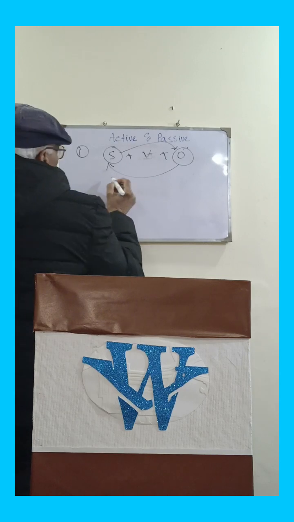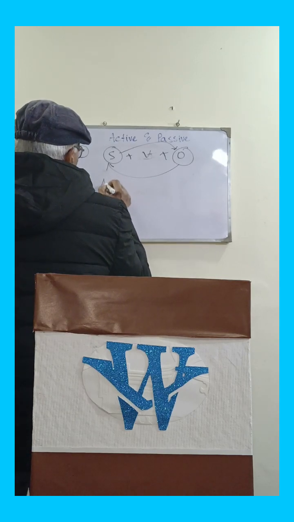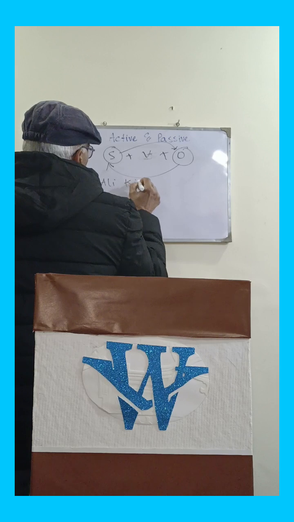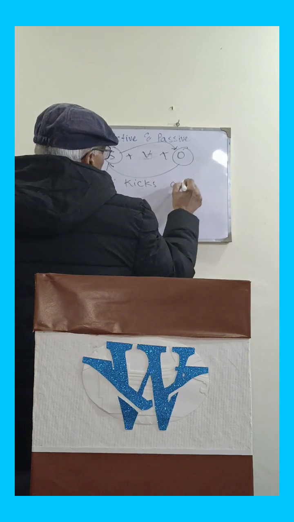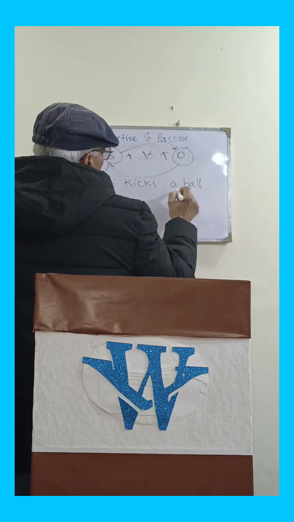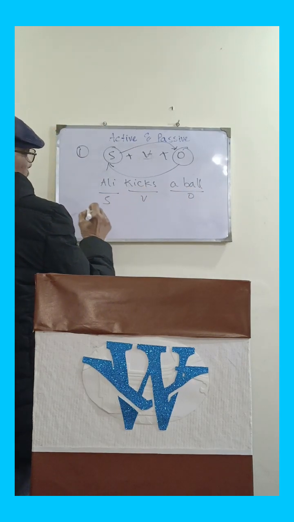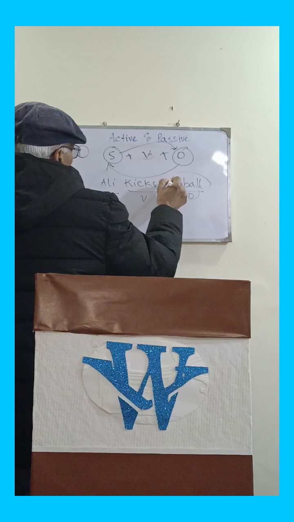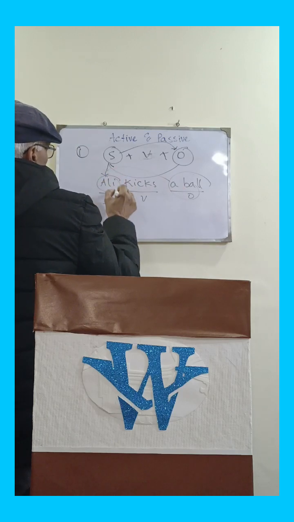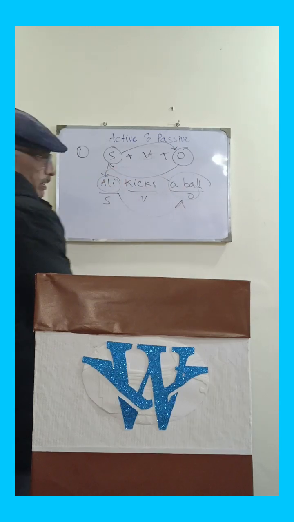For example, Ali kicks a ball. So a ball is the object, this is a verb, and this is subject. So now this a ball will come over here and Ali will go over there, right?